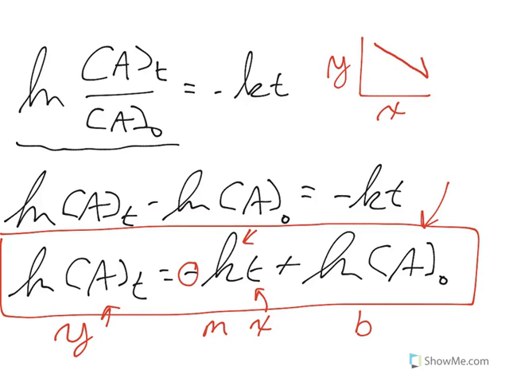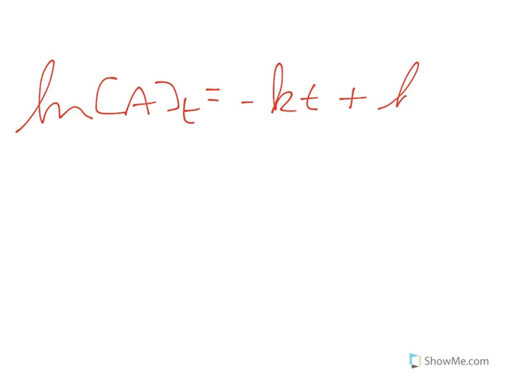So a plot of ln of at versus t is going to give us a straight line or linear line with a negative slope. All right, so let's go ahead and recap that here. So I have the ln of at equals minus kt plus ln a0.